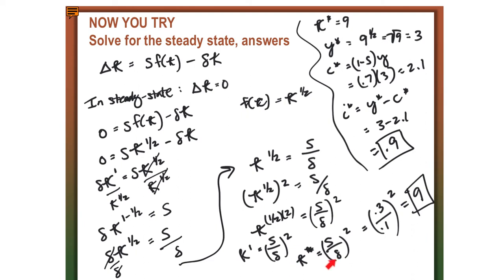If delta goes up, all else equal, then the fraction is going to get smaller. Squaring a smaller number, then k star is going to decrease. So we get some pretty nice intuition here just from using a little bit of algebra. Your favorite, right? From Math 181. Well, see, it was useful after all.